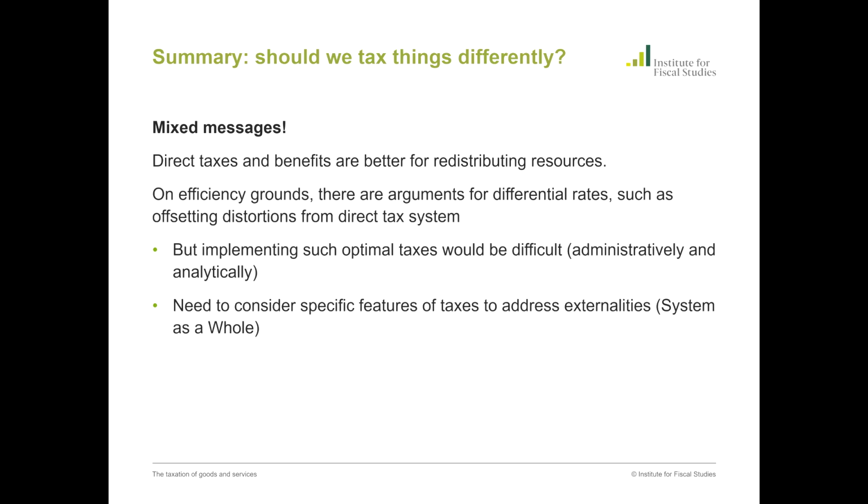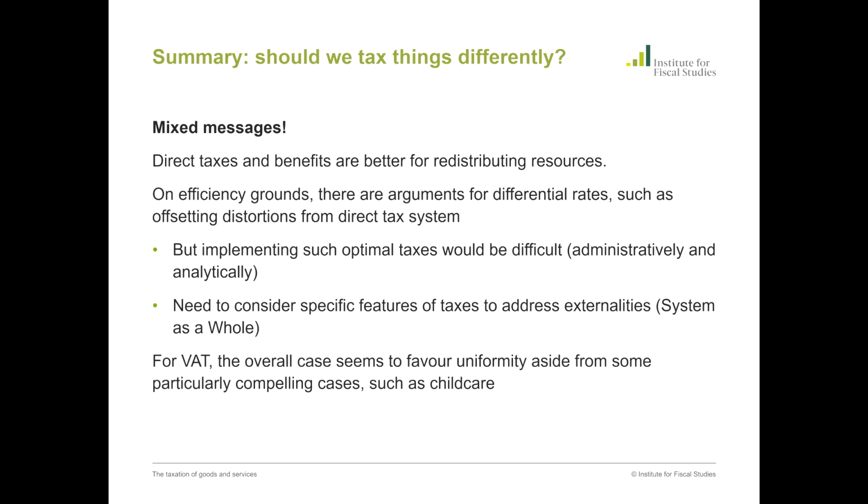On efficiency grounds, there are some genuine economic arguments for having differential rates of VAT, such as offsetting these distortions from the direct tax system, but actually implementing these is going to be really difficult, and we have to think about the specific features of taxes when we think about addressing externalities. So perhaps for VAT, the overall case roughly favours uniformity in the VAT rate, except for some particularly compelling cases such as childcare.